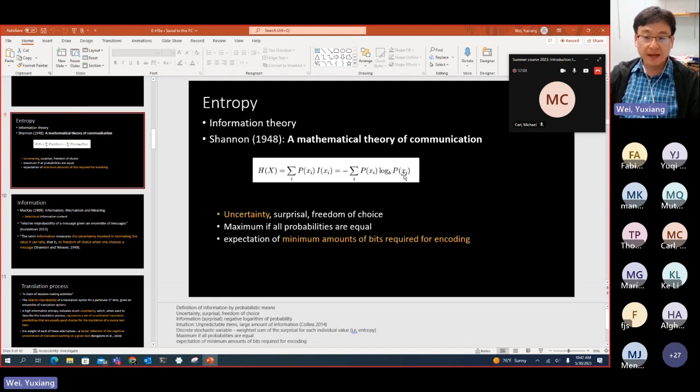So if we have the probability of the outcome of an event, we can convert it to a logarithm and then multiply it by its probability. And if we do the same for every outcome of the event and sum it up, it gives us the entropy. And the definition itself is actually pretty simple.